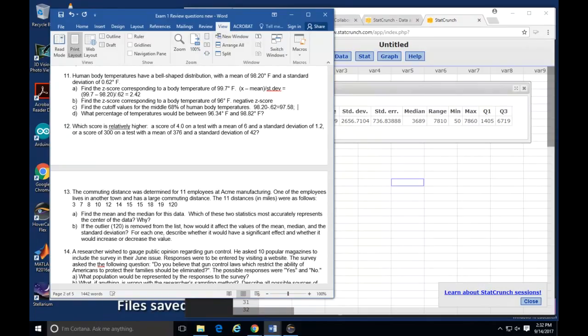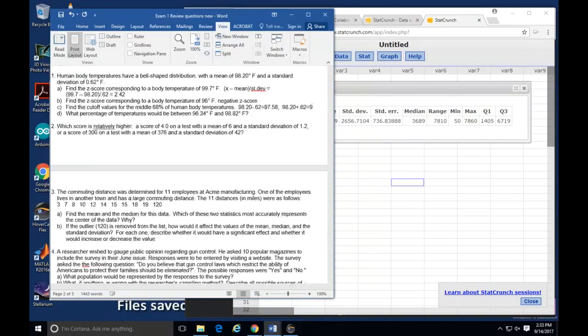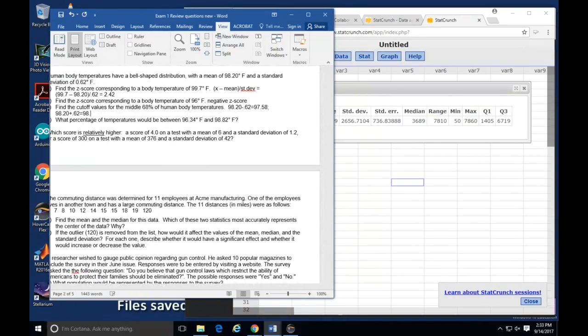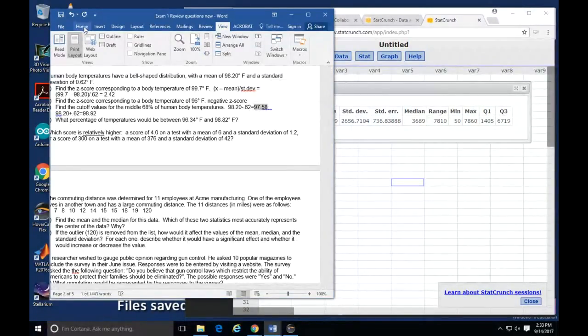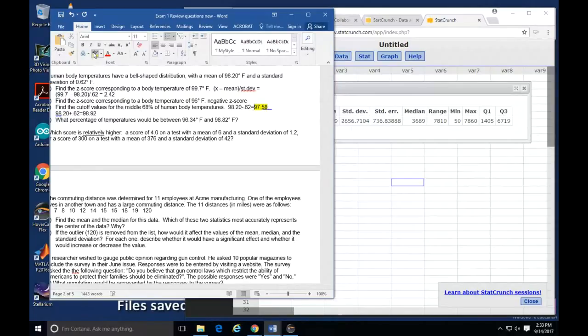And then for our upper cutoff value, we're going to take our mean and add 1 standard deviation. That gives us 98.82. So our 2 cutoff values would be the 97.58 and the 98.82.